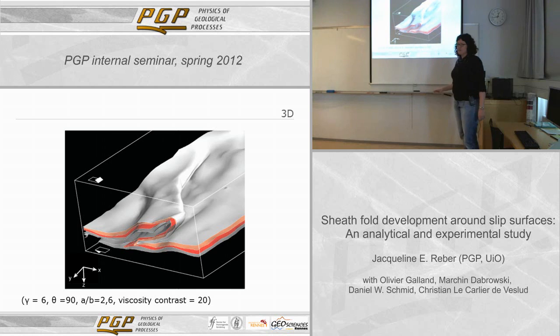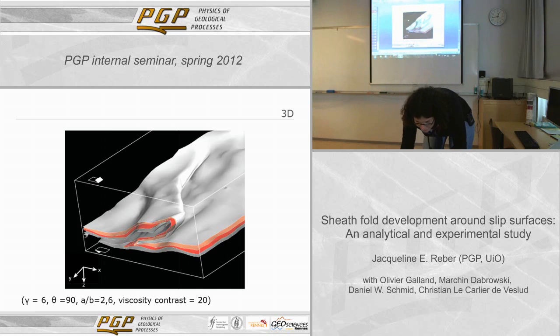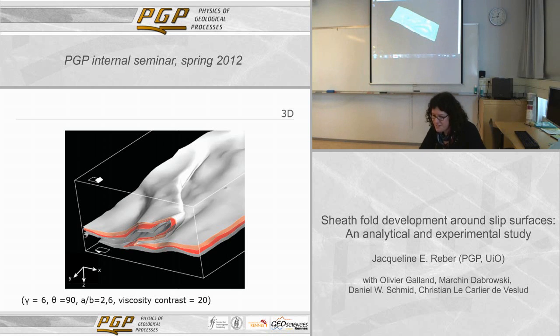He is using GoCut to make these things, and GoCut is a software which is used by the oil industry mostly. What it does is it interpolates between seismic sections. And instead of seismic sections, we are just using the sections from the experiment and try to interpolate how these layers might look in between the sections. And now I have a very nice three-dimensional PDF of how this approximately looks.